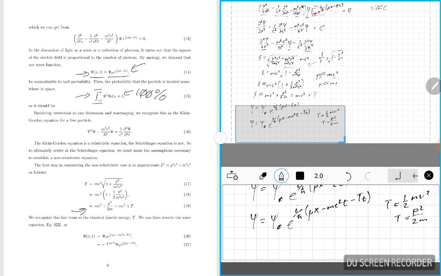Okay, then the only thing we're doing here is let's just pull out that rest energy. And kinetic energy times time.